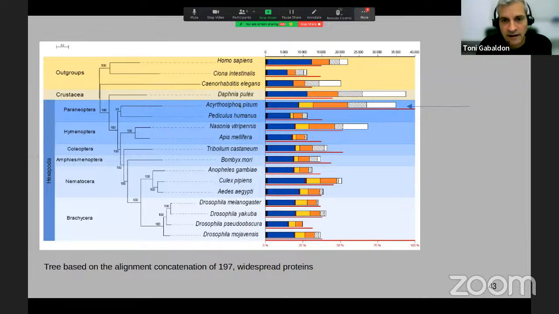You can see here the pea aphid, and one of the results is that it has quite an enlarged genome. The colors indicate which genes are single copy and multiple copy and conserved in the different clades represented here. So there were two observations: one is that it has quite an enlarged genome, and also the presence of many duplicate genes.